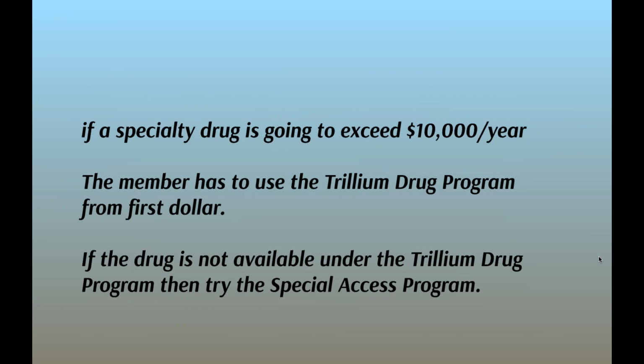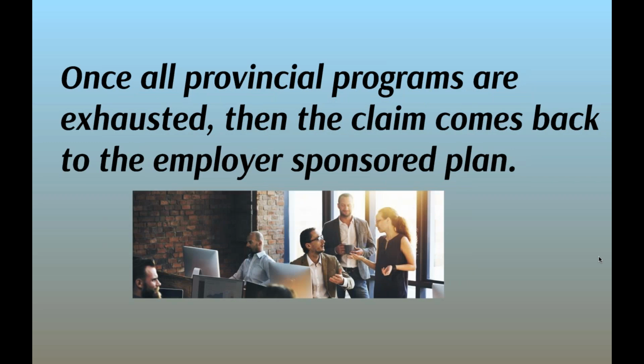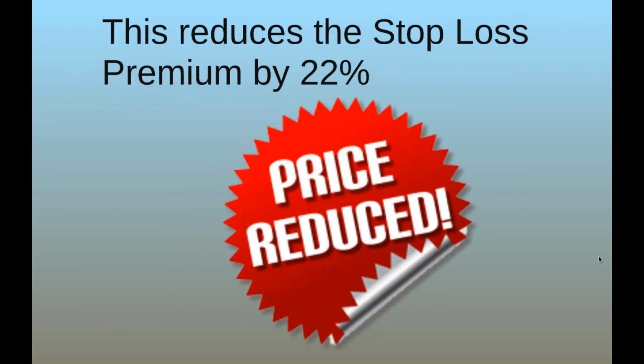Once the provincial programs are exhausted, the claim comes back to the employer-sponsored benefit plan. So they have coverage, but we just exhaust all of the Ontario programs that are available. This reduces the stop loss or large amount pooling premium by 22%.